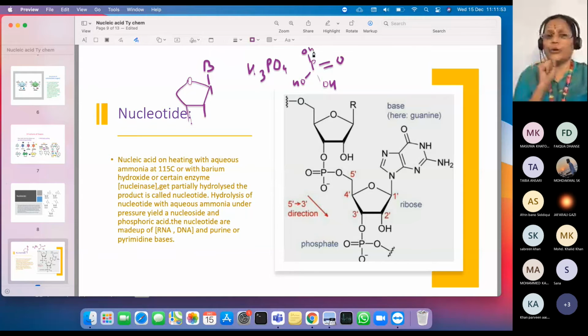So what I will have to do, there is this particular line. Are you able to see, all of you? Here I have to make the bond now. Here we already have OH, and that phosphoric acid's OH.